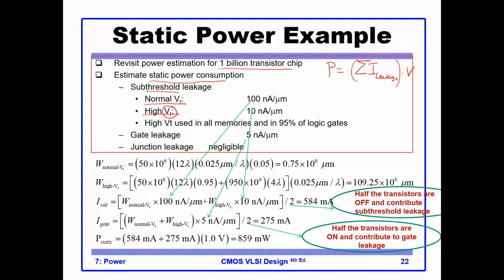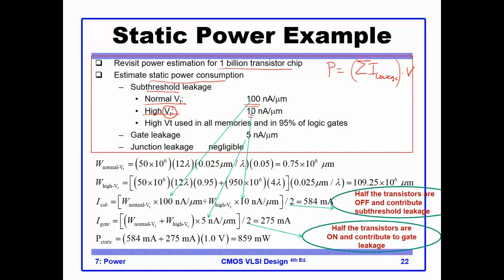Notice here in the example, with high VT the subthreshold current is 10. Normal VT, which is less than the high VT, has higher subthreshold current. Of course, higher subthreshold current is not desirable. So we want to reduce the subthreshold current.